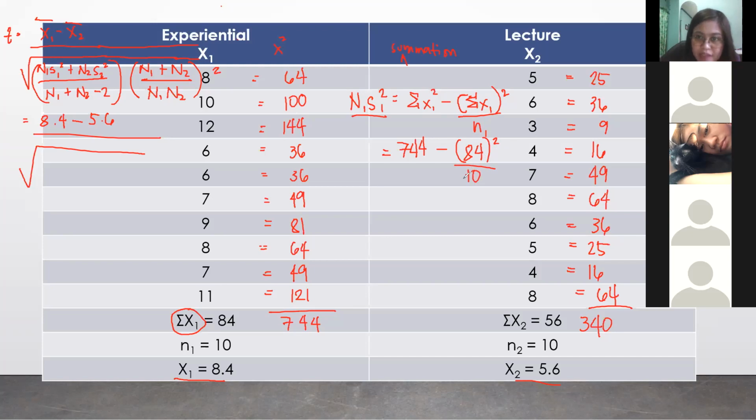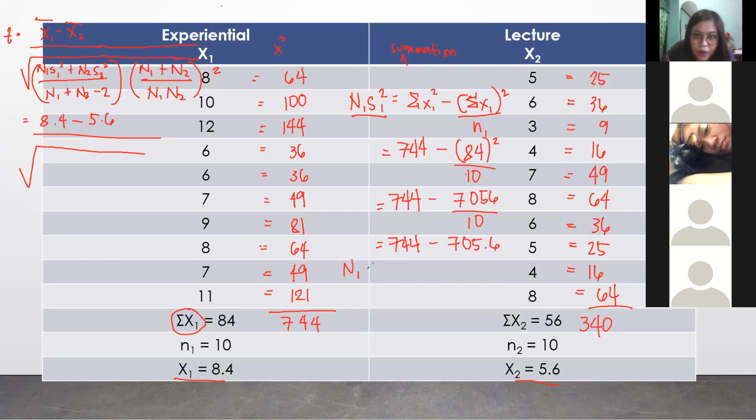10 sila kabuok. So 744 minus 84 squared is 7,056 divided by 10. Okay? Pila answer ani? 744 minus 7,056 divided by 10 is 705.6.